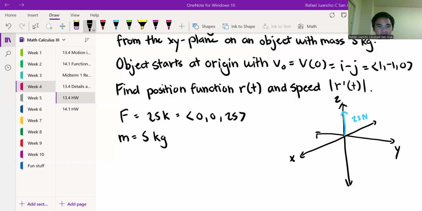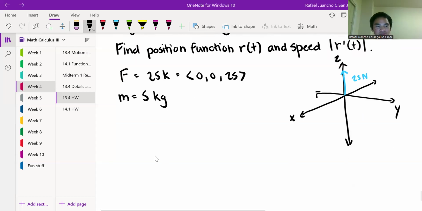And then from here, we can actually get our acceleration, right? Because force is equal to mass times acceleration. And so this vector is equal to mass times acceleration.